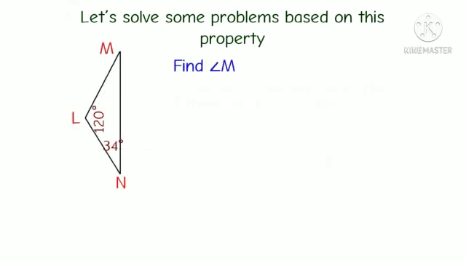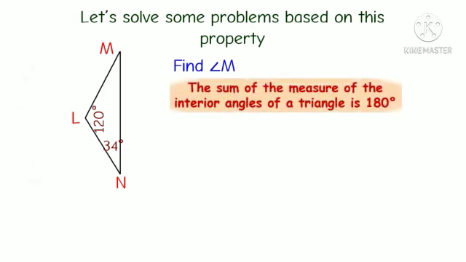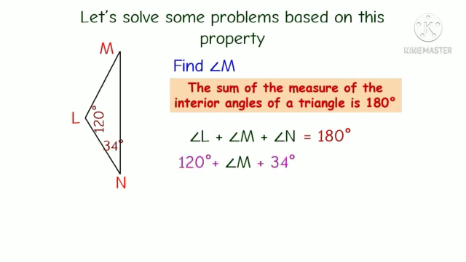From this figure, find angle M. The sum of the measure of the interior angles of a triangle is 180 degrees. Angle L plus angle M plus angle N is equal to 180 degrees. Put the values of angle L and angle N in this equation.